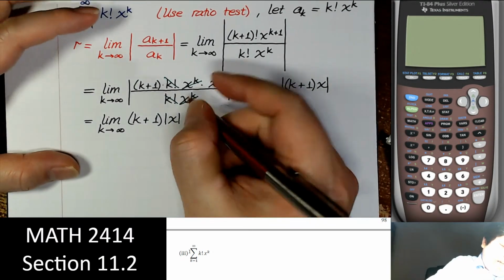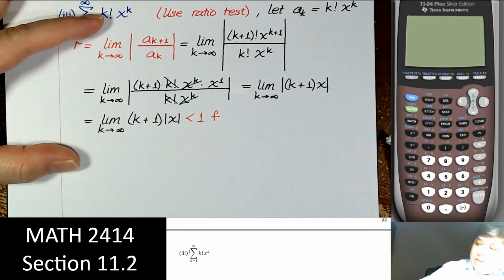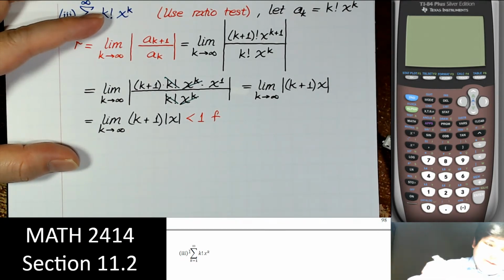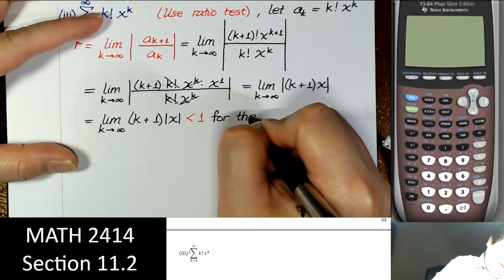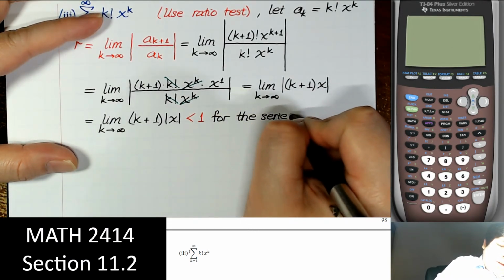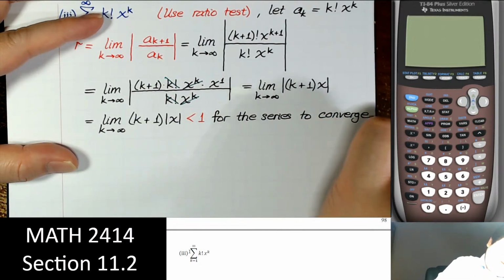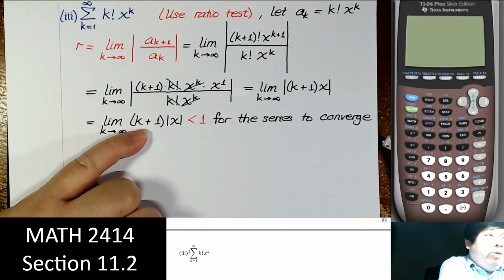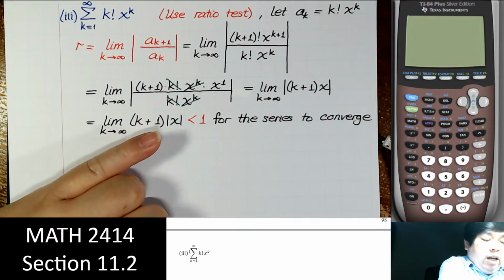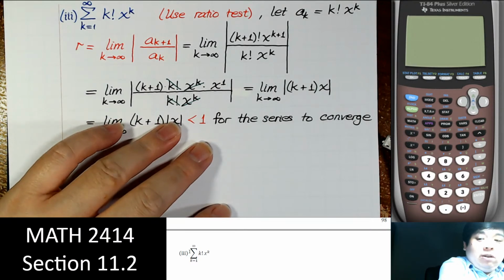This has to be less than 1 for the series to converge. But notice that because we have k plus 1 here and k goes to infinity, if x is equal to any number, this will not happen.